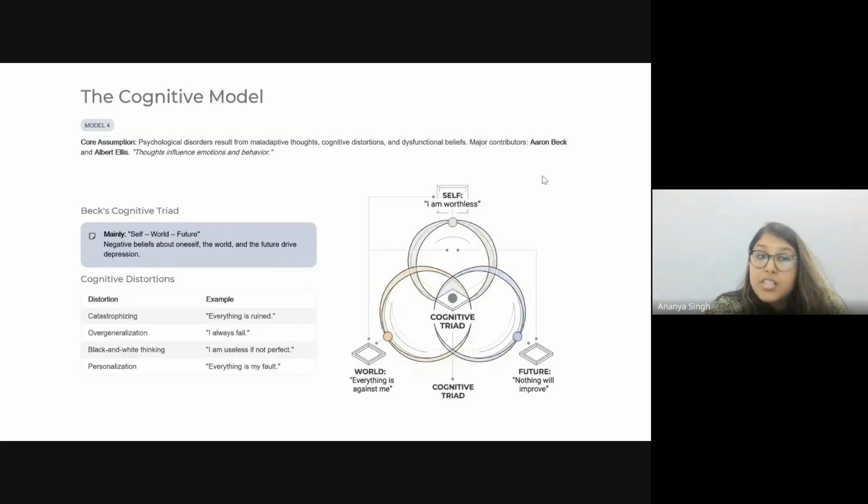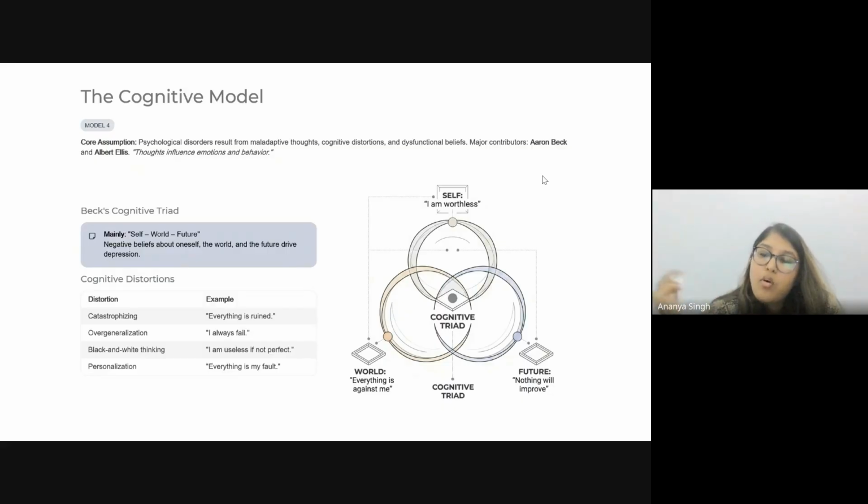Correct? The cognitive model is particularly effective in understanding depression. How? Again, Beck and Seligman. Beck's cognitive triad was self, world, and future.